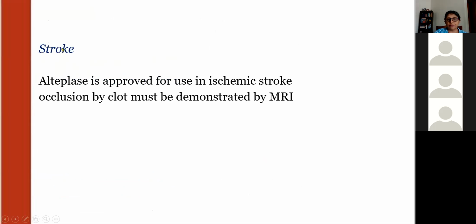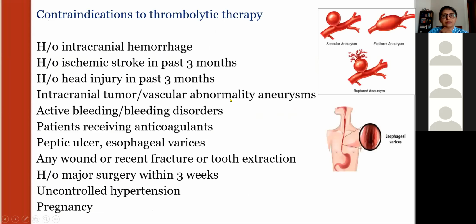Another thing we can use it for is stroke. But before giving it for stroke, we have to do an MRI and see that there is a clot. If the stroke is due to hemorrhage, we cannot use it. It is contraindicated. Alteplase is the drug used for ischemic stroke.